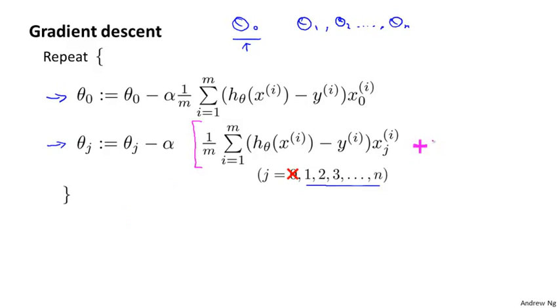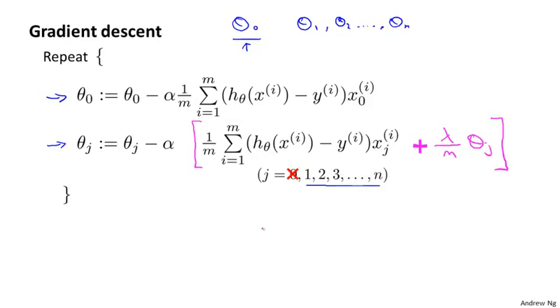I'm going to take this term and add lambda over m times theta j. And if you implement this, then you have gradient descent for trying to minimize the regularized cost function J of theta.